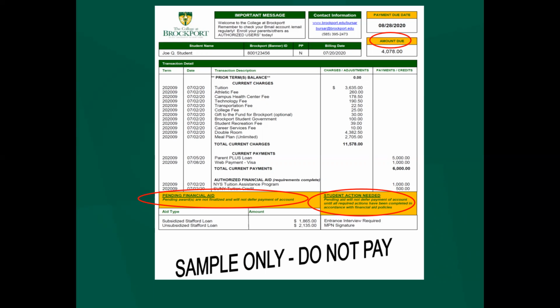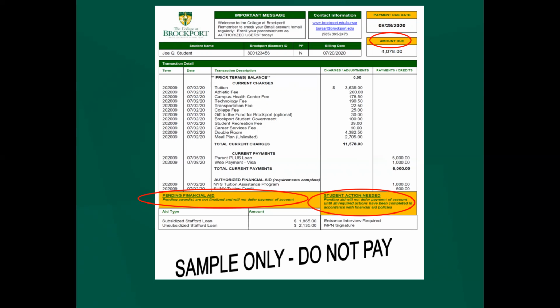So the first example of tuition, we move across to the right to the charges column and see the charge of $3,635. At the bottom of the current charges is the total current charge, which if we move again to the right column in the charges and adjustments column, we see the total charges of $11,578. Back to the transaction description column, underneath total current charges are current payments.